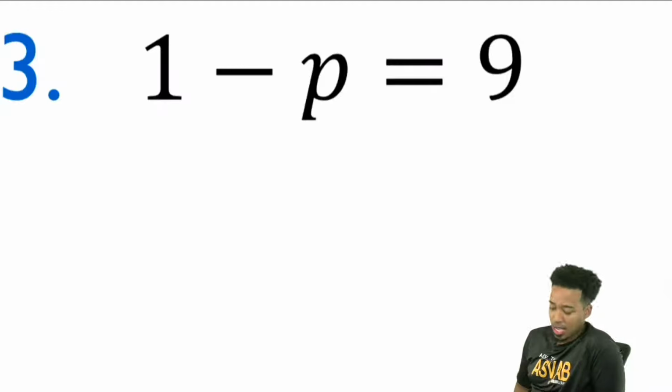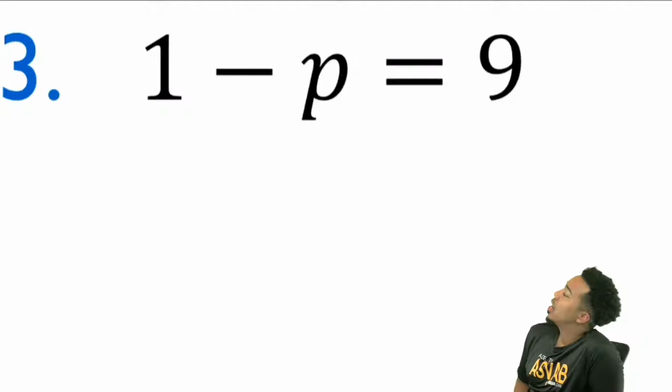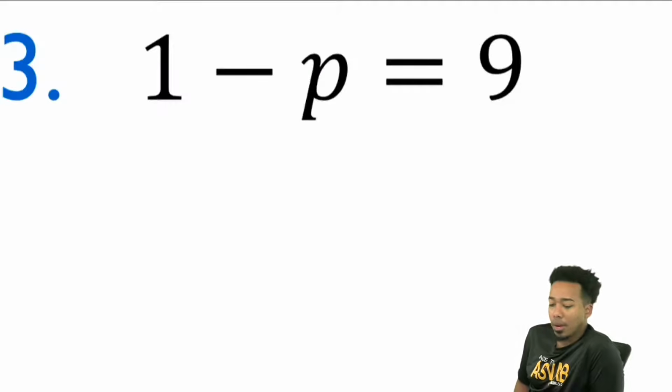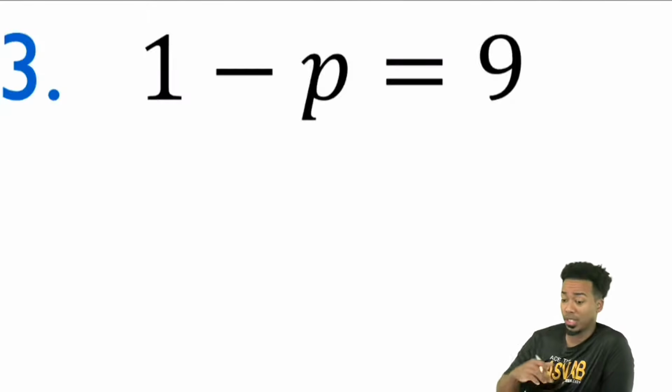So here we go. 1 minus P equals 9. Everyone, let's take a look at this. 1 minus P equals 9. Everyone, can you solve this in just 1 step? Can you solve this one in just 1 step?